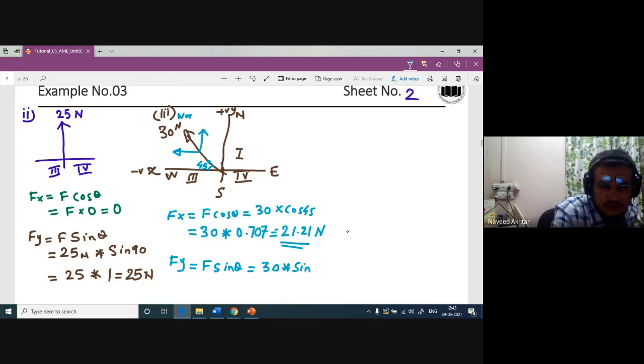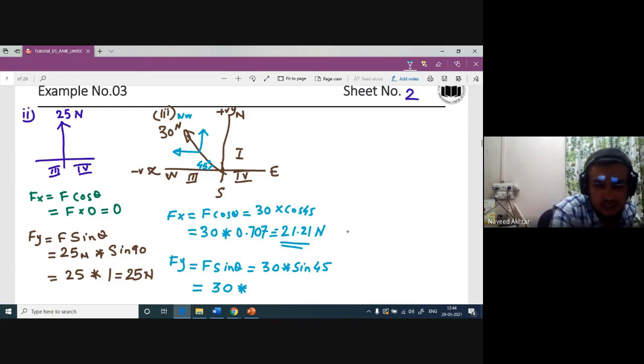Sine of 45. F sine theta is 30 into sine 45, which is also root 2 over 2.